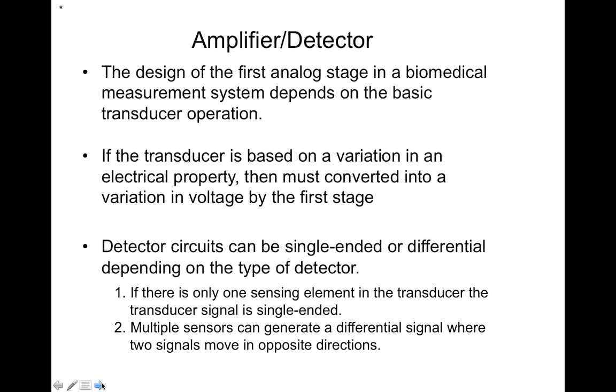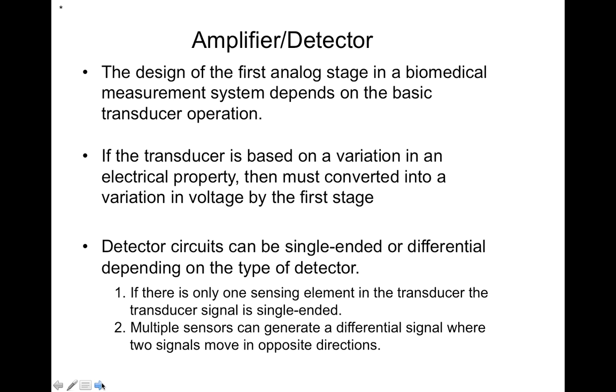Detector circuits can either be single-ended or differential, depending on the type of detector. The difference primarily is if you only have one sensing element in the transducer, then the transducer signal is single-ended. If you have multiple sensors, then you can generate a differential signal where two signals move in opposite directions.